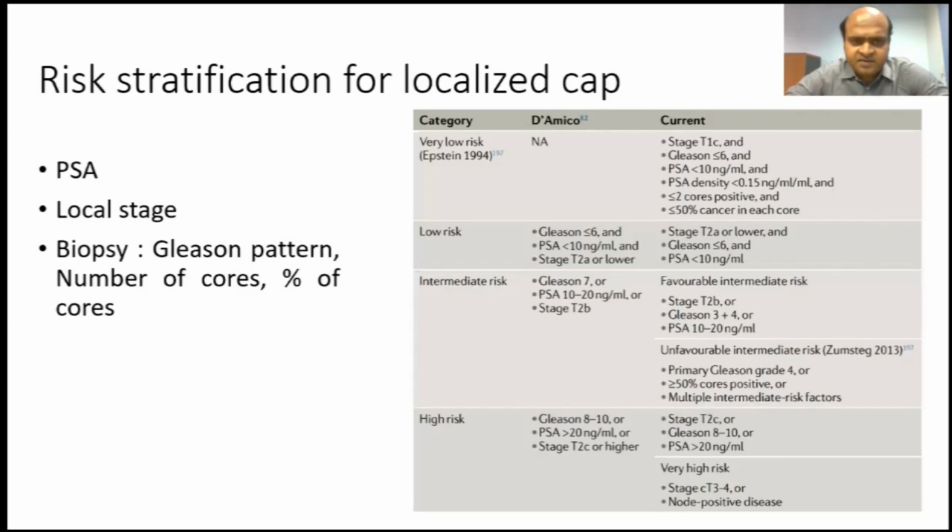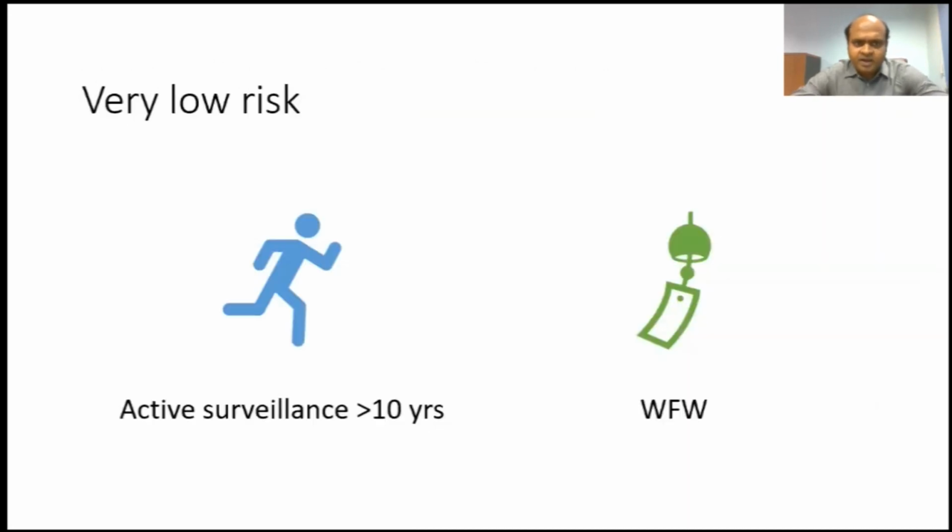So for this stratification of localized prostate cancer, as I said, they are stratified into very low risk, which earlier was a part of the low risk category, intermediate risk, and high risk based on PSA values, stage, and Gleason score.